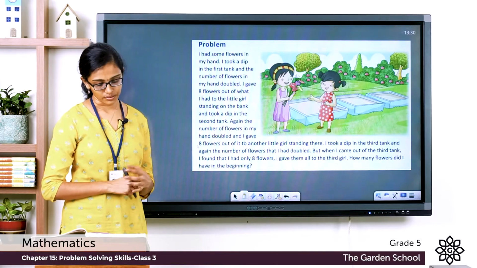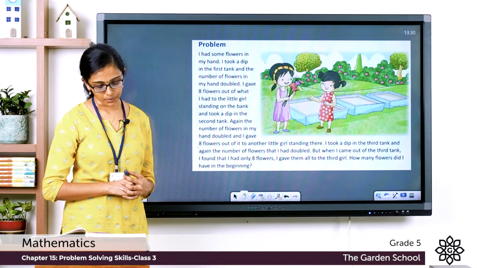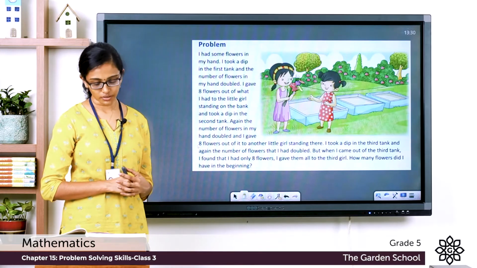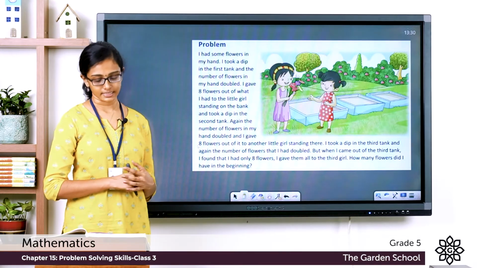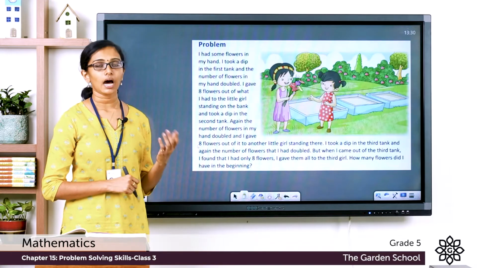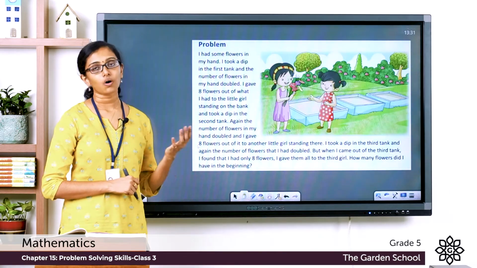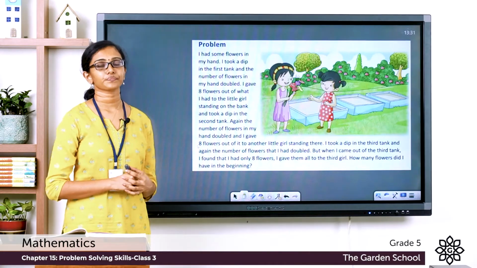Again, the number of flowers in my hand doubled and I gave 8 flowers out of it to another little girl standing there. I took a dip in the third tank and again the number of flowers that I had doubled. But when I came out of the third tank, I found that I had only 8 flowers. I gave them all to the third girl. How many flowers did I have in the beginning?